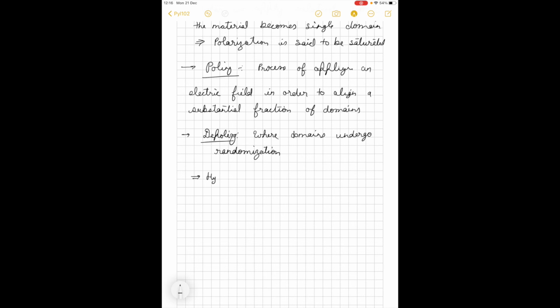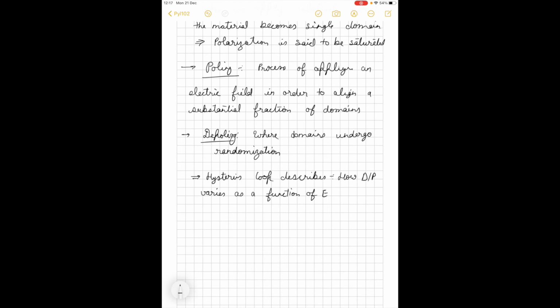The hysteresis loop describes how D or P varies as a function of E, the applied electric field.